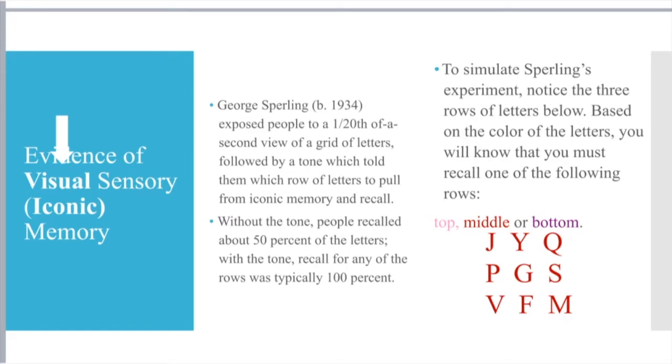When we are talking about this iconic memory, right, visual sensory memory, you can look at this down here, and you see the box of letters, and if the word middle was flashed because it's the same color, you would be able to recognize PGS. And that would stick in your memory, even if it was only shown to you for 1/20th of a second, which is pretty crazy, right?